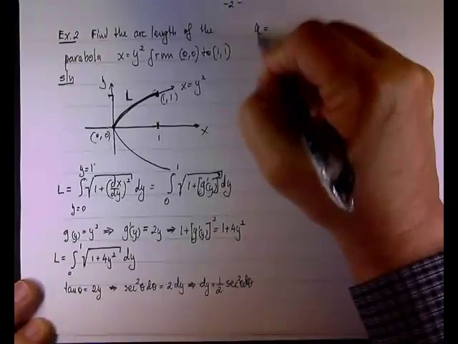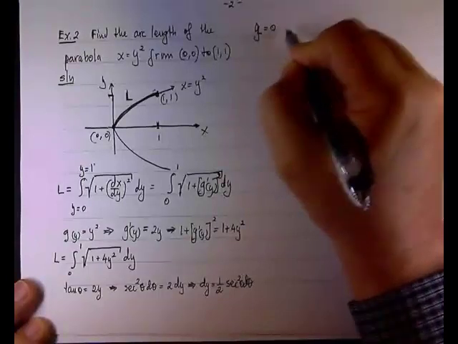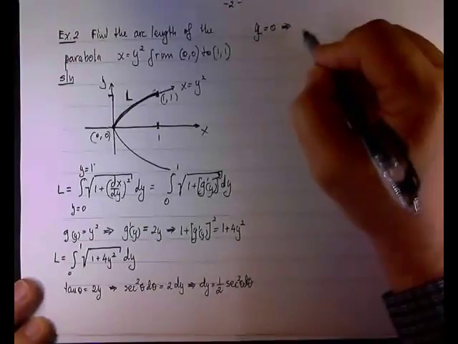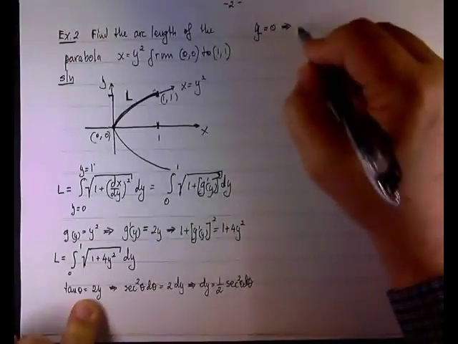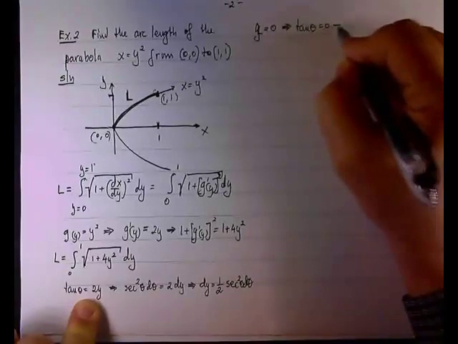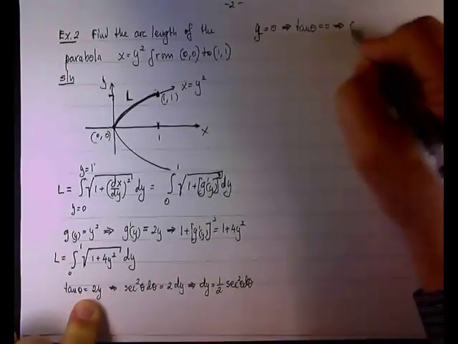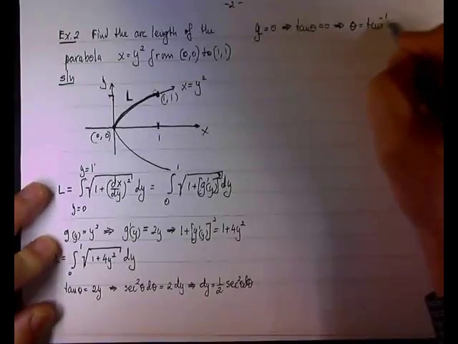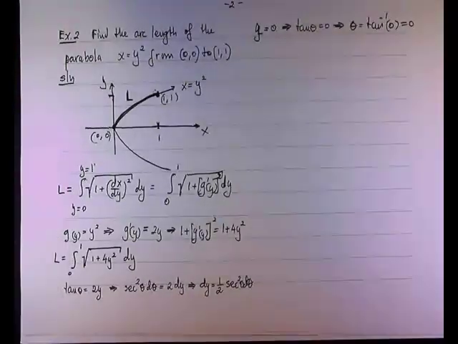I need to replace the boundaries, okay? So let's write it: when y equals 0, because y equals 0, then tangent theta equals 0, and therefore theta itself equals the inverse tangent of 0, which is 0.